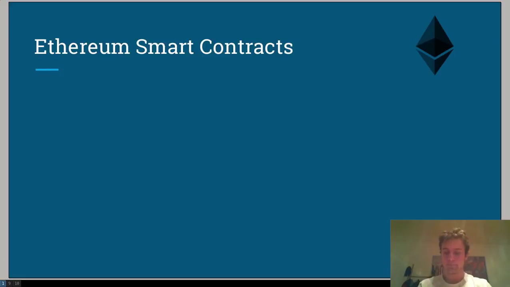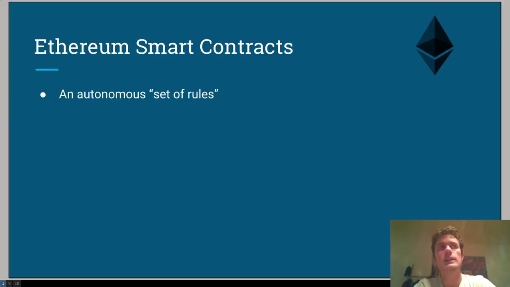Okay, so that starts becoming interesting. So what is a contract? It's an autonomous set of rules. If you just think about what a contract is in a legal sense, you would also come with the idea that it's a set of rules.